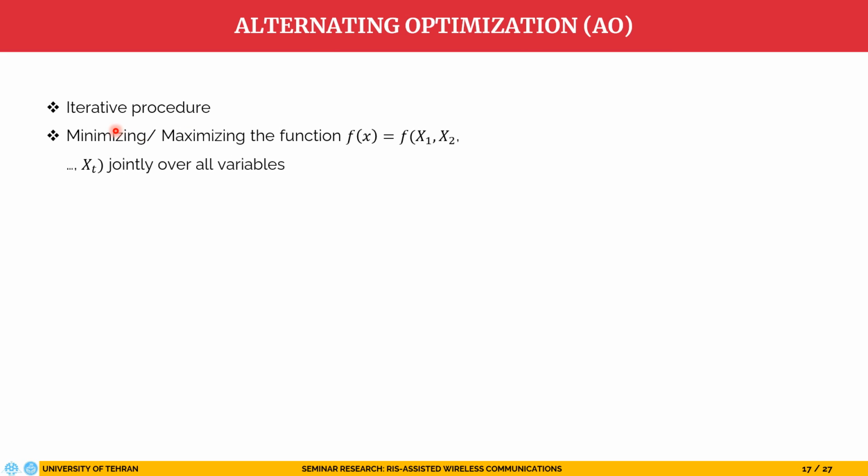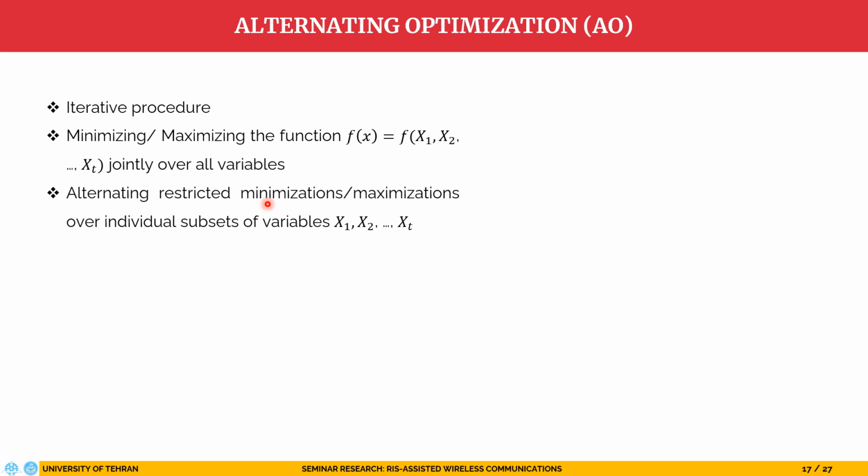Alternating optimization is an iterative procedure for minimizing or maximizing the function f(x) = f(x1, x2, ..., xt) jointly over all variables, by alternating restricted minimizations and maximizations over individual subsets of variables x1, x2, ..., xt. So instead of jointly optimizing them together, we optimize the problem over individual subsets.